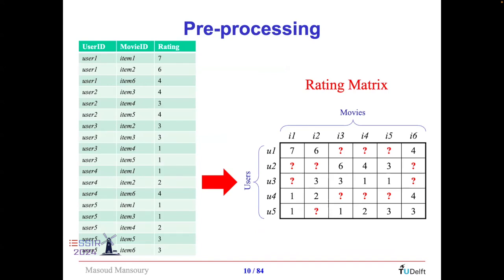For some models, we need to transform these structured or graph data into matrices in order to be processed by the recommendation model. So these are different forms of the input data for building a recommendation model. In this matrix, we have users in the rows and items in the columns, and the entries are the ratings. Question marks are the missing values, the entries that our recommendation model is going to predict.